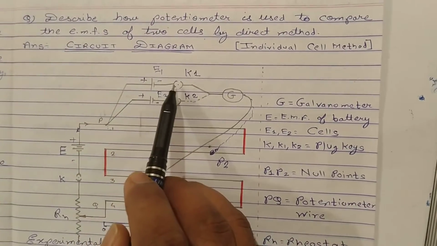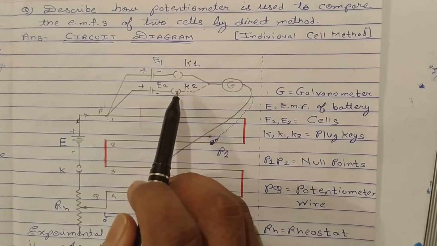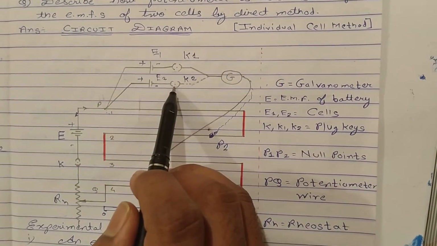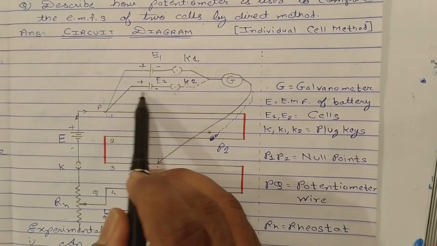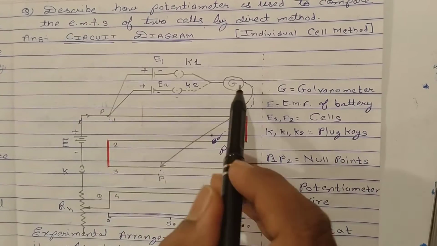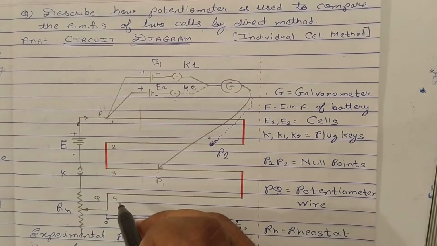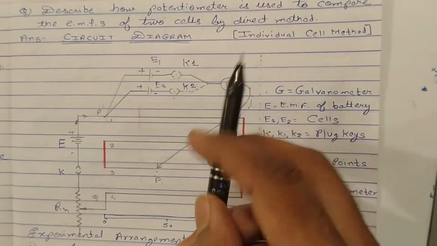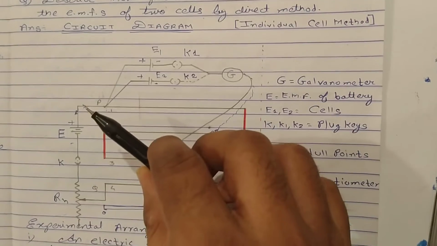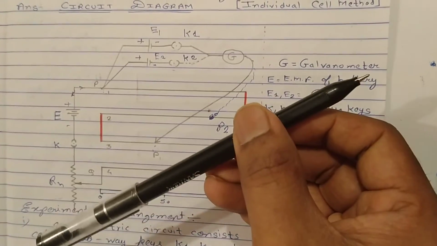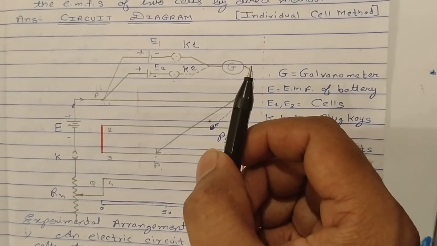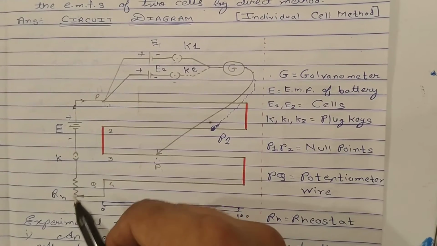Now we will remove the key from K1 and we will insert key into K2. Now E2 comes across. We will do the same thing. We will connect jockey at point P as well as point Q, so that galvanometer will show extreme left and extreme right deflection. If you are not getting, then adjust the rheostat.